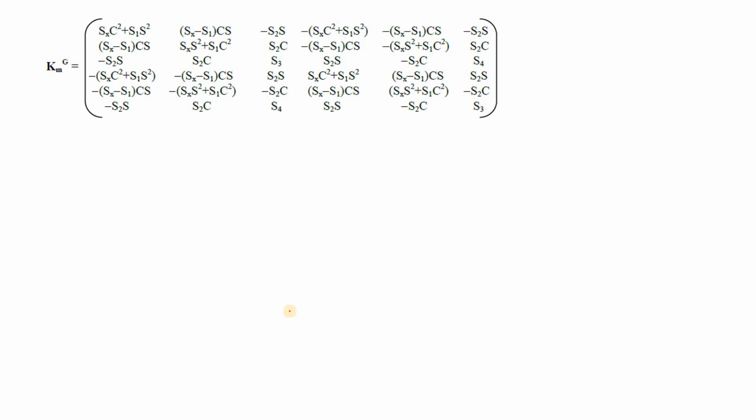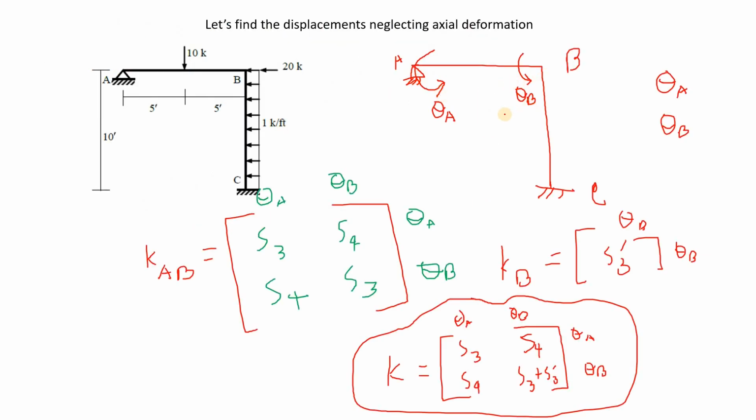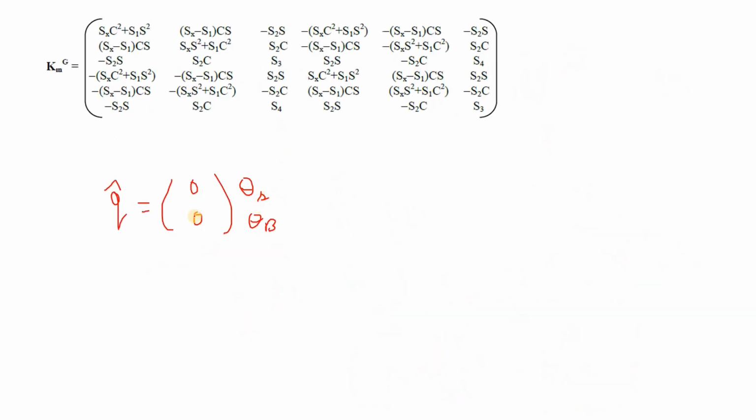Now we're going to write up the Q and the F. So for the Q force vector, we're going to get 0 and 0 for both theta A and theta B. Because at the joints there are no moments, and rotational displacements are associated with moments, so there are no joint moments here. Right after that we have fixed end moments. The fixed end moment values will exist here.